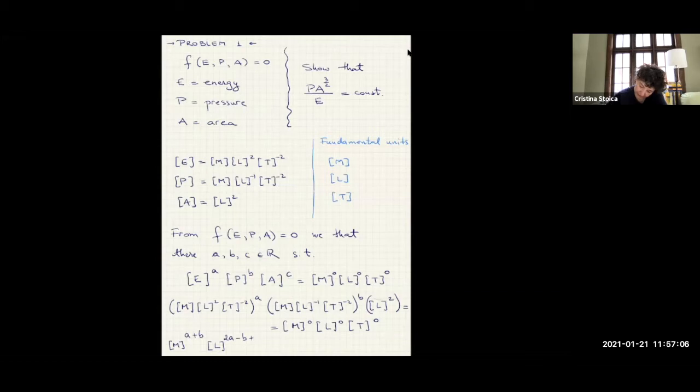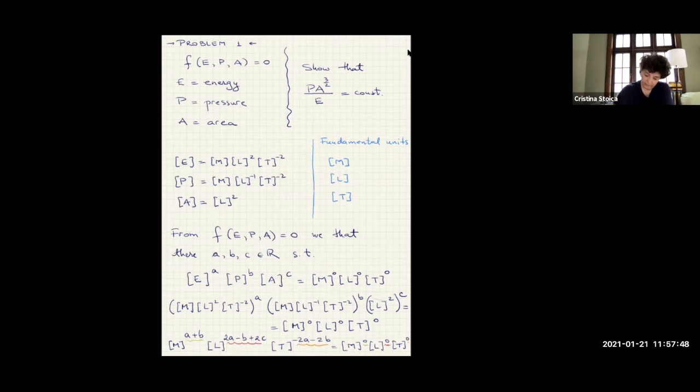And finally, time shows up at minus 2a minus 2b. And all this stuff has to be M at 0, L at 0, T at 0. So we equate each power with what it has to be, which is 0. So we get the linear system.